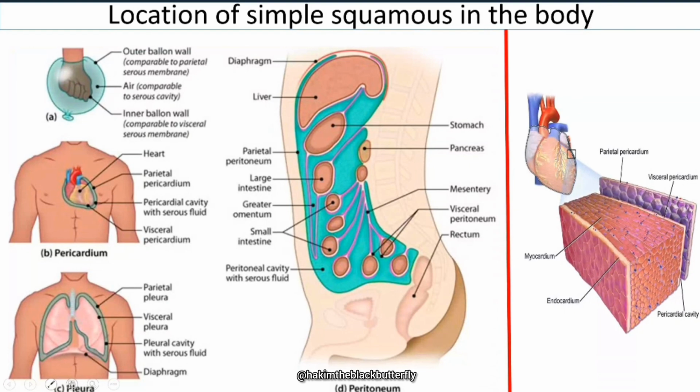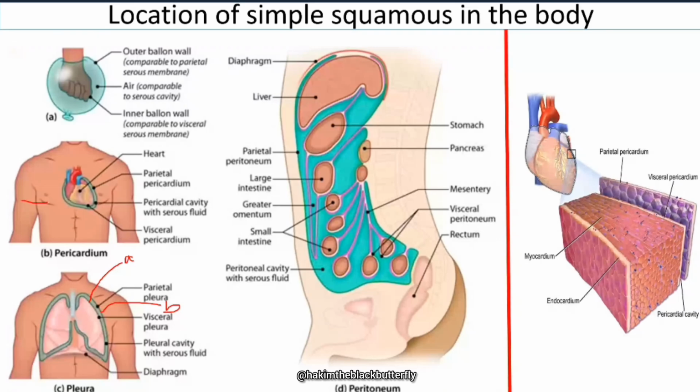For example, if I'm to show you here, we have that layer there, that is layer A, then that one there is layer B. Layer A is known as a visceral layer. Layer B is known as a parietal layer.